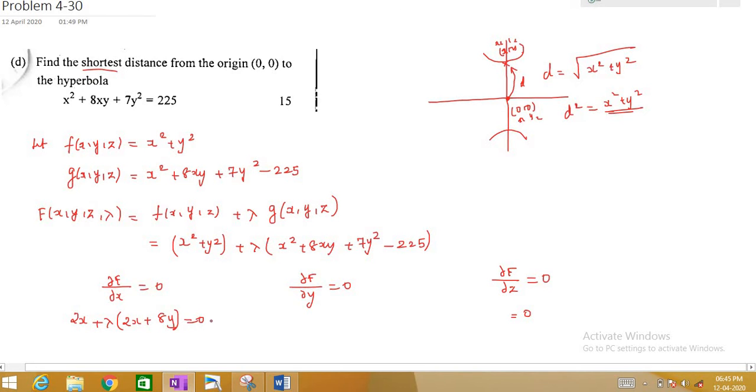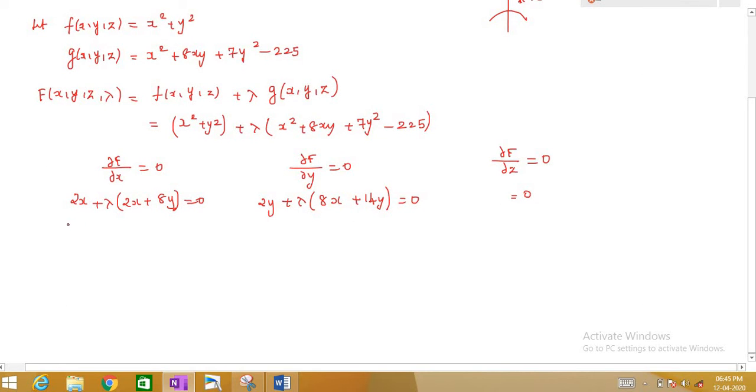So 2x plus lambda times (2x plus 8y) is equal to 0. Now differentiating with respect to y, here I have 2y, plus lambda times, x square will be 0 as we are differentiating partially, 8xy gives 8x, and 7y square gives 14y, equal to 0.